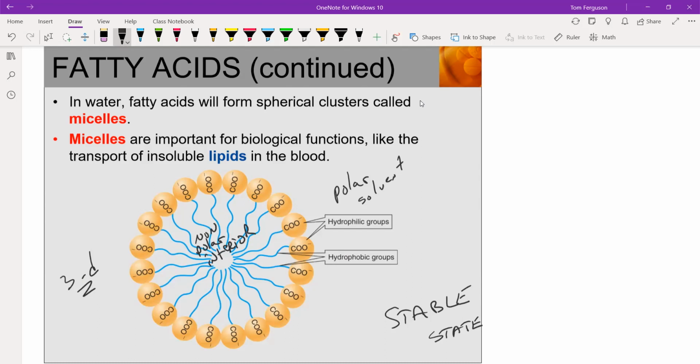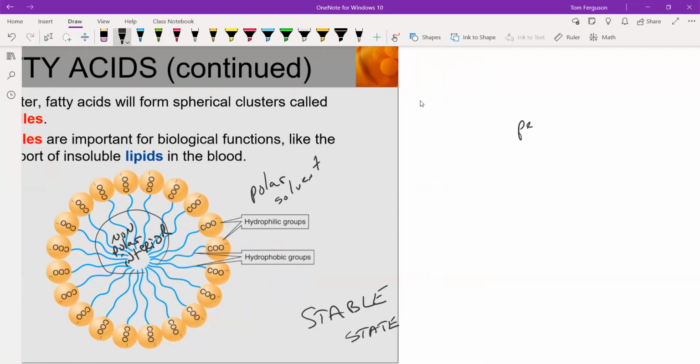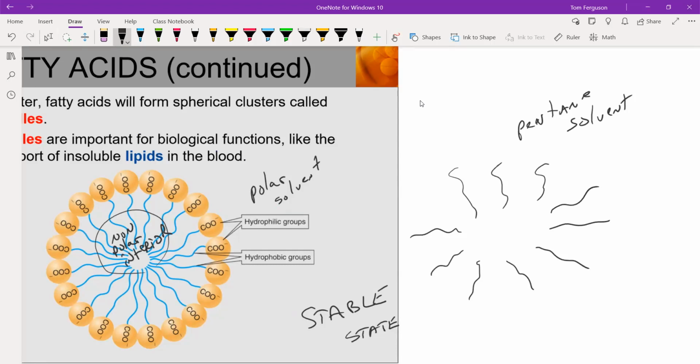Non-polar parts do not like polar solvents. They like a non-polar solvent. So if we did this whole thing in, for example, pentane, you'd have a polar interior.